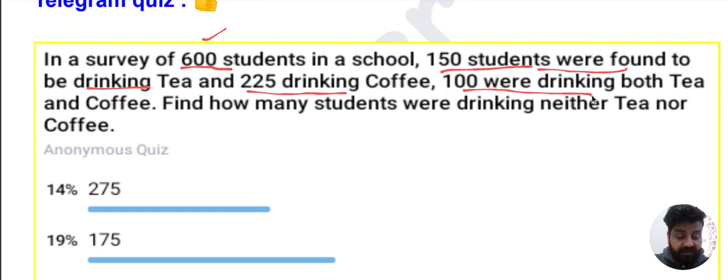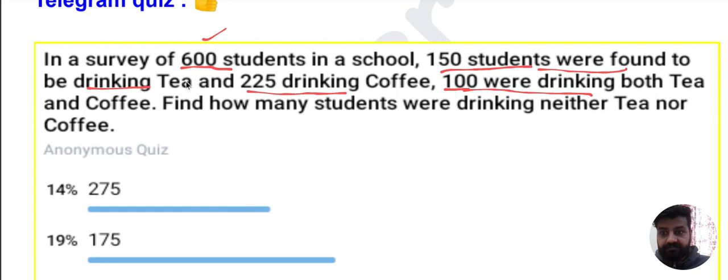My dear, remember that drinking both means A intersection B. This value will be the A intersection B, because these students are common who consume tea as well as coffee.